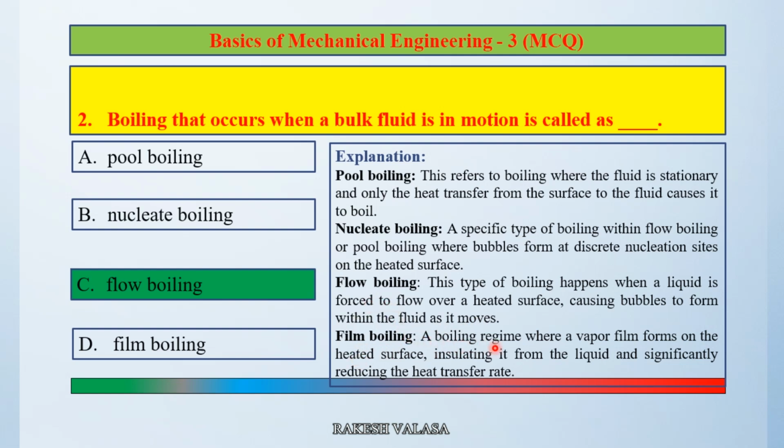A boiling regime where a vapor film forms on the heated surface, insulating it from the liquid and significantly reducing the heat transfer rate. So you can just see these four meanings. The flow boiling answer is correct. Flow boiling means it causes bubbles to form within the fluid as it is in motion. So the correct answer is flow boiling.